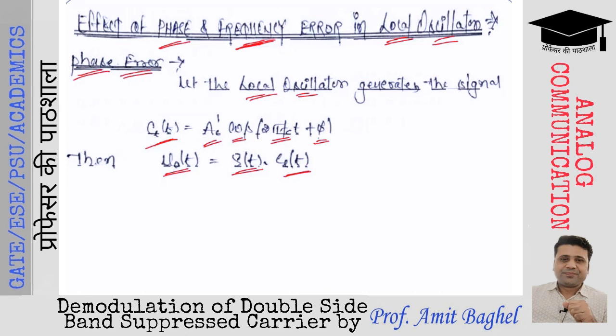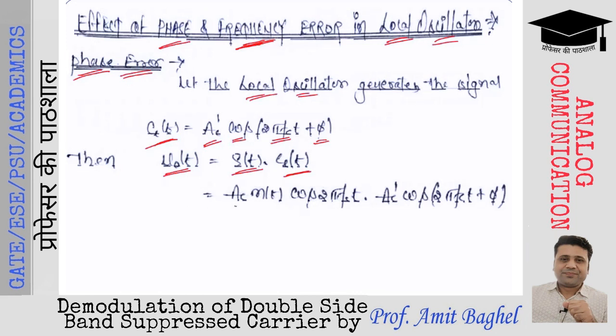In place of c of lt, I'll write Ac dash cos of 2 pi fct plus phi, and in place of s of t, I'll write Ac m of t cos of 2 pi fct. Phi is the phase error.